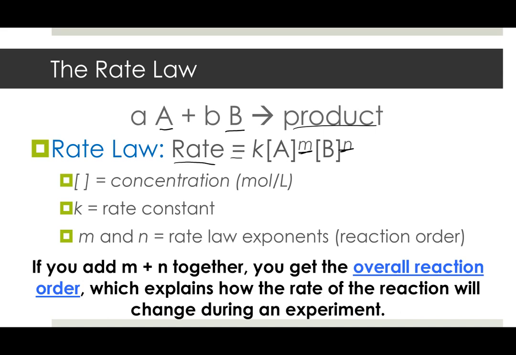We'll talk about this in just a moment, but the overall reaction order, so for this entire reaction, would be just simply adding m and n together. So for example, if this was a first order and a second order, the overall reaction order would be a third order. Okay, so we just simply add those two together.